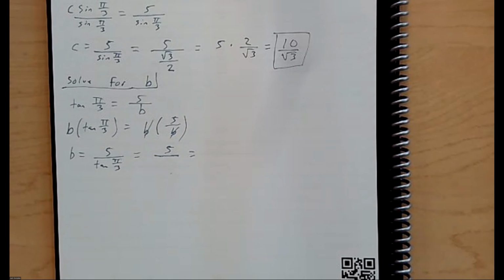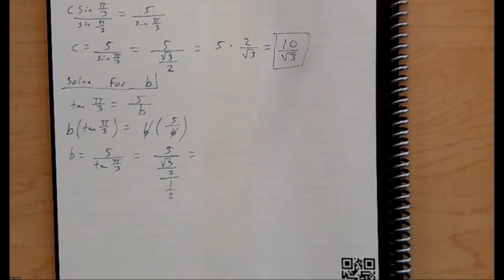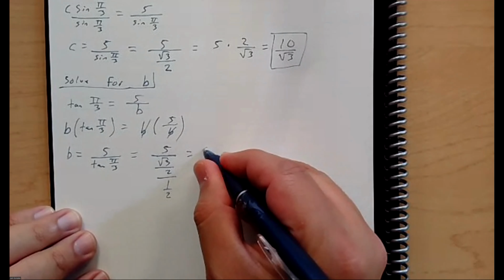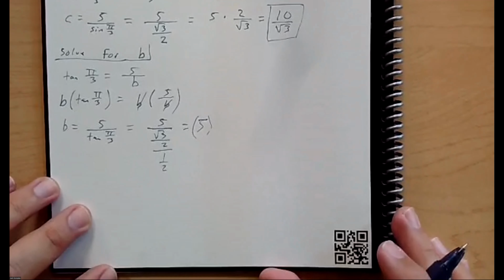So let's show all the work. So first we got the values from here. Tangent of pi thirds will be the y value divided by the x value. So that's where this came from. Square root 3 over 2 divided by 1/2. Okay. So one more time. So the 5, I'm just going to leave it here. That's my ugly 5s, I know.